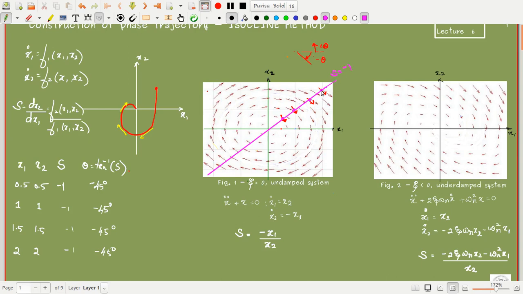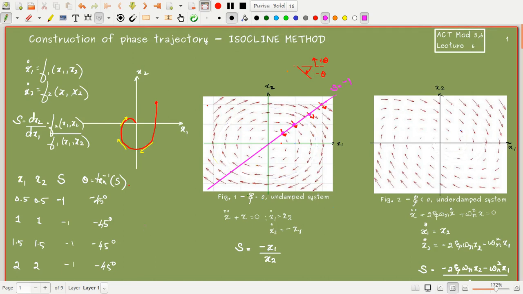This is the line which joins the points on the phase plane which have the same slope, so we can note it here as same slope. This is what is meant by isocline. Iso means same. That means it is a locus of the points on the phase plane having the same slope.